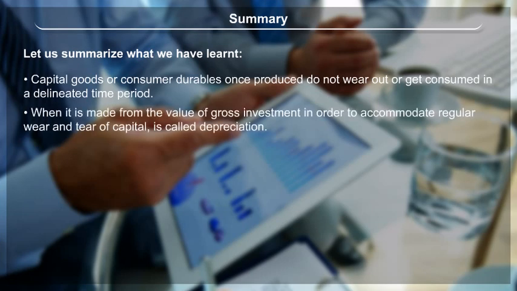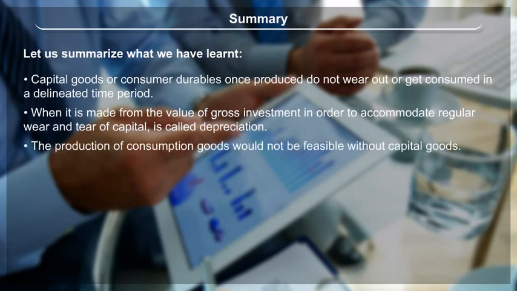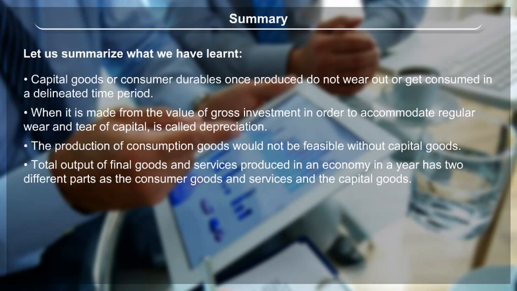When a part of the value of gross investment is set aside to accommodate regular wear and tear of capital, it is called depreciation. The production of consumption goods would not be feasible without capital goods. Total output of final goods and services produced in an economy in a year has two different parts: the consumer goods and services and the capital goods.